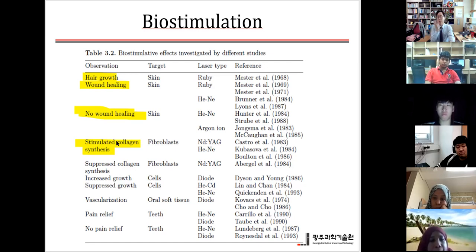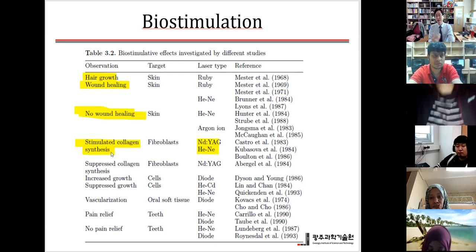When you have a lot of wrinkles or deep wrinkles from the aging process, giving a specific wavelength, which is shown here as Nd:YAG or helium neon, so red color, they found that it stimulates collagen synthesis under the skin so that it can actually reduce the wrinkle, making your skin look younger.